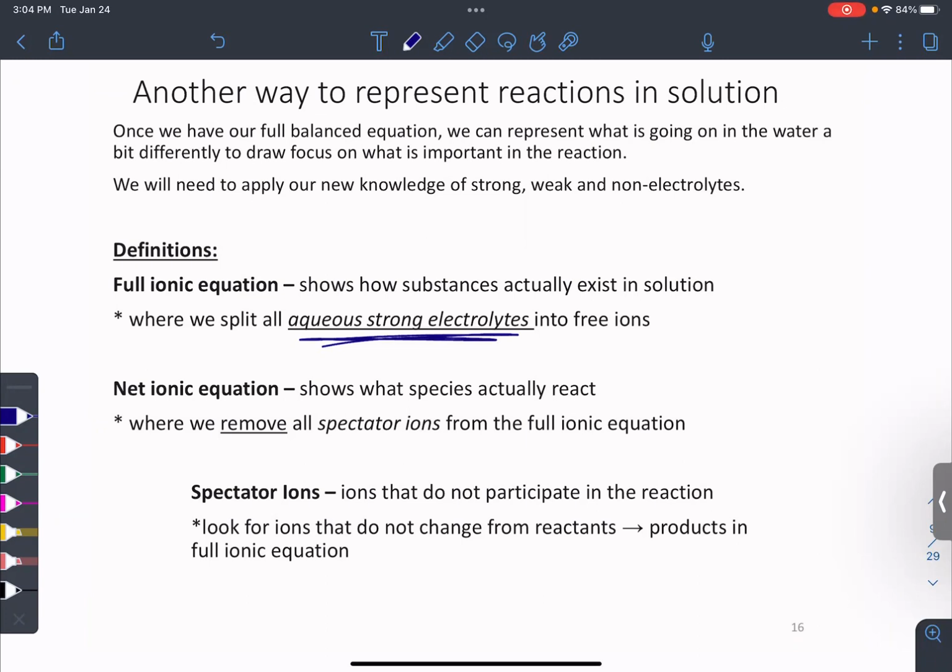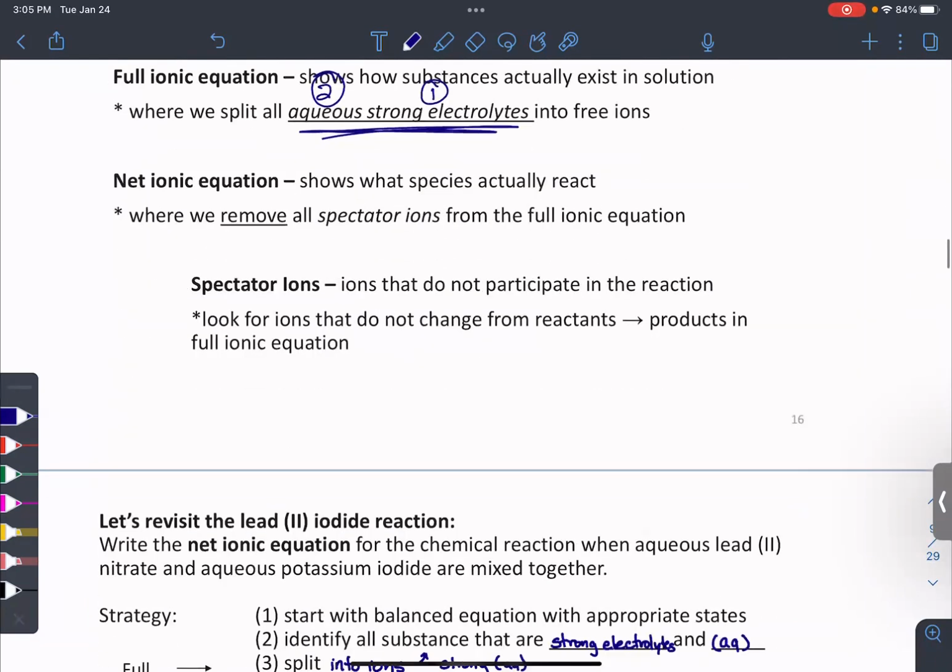They have to be two things, strong electrolytes and aqueous. We split those into ions. Once we have the full ionic equation, we identify spectator ions, ions that don't change on either side. We remove those and we get the net ionic equation. And that's what describes what really happens in solution. So I think it's easier to just do the problem.